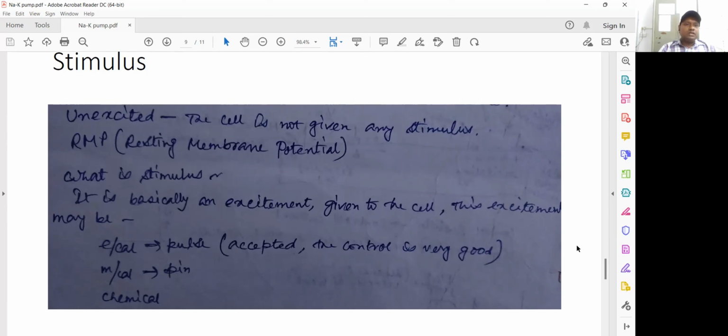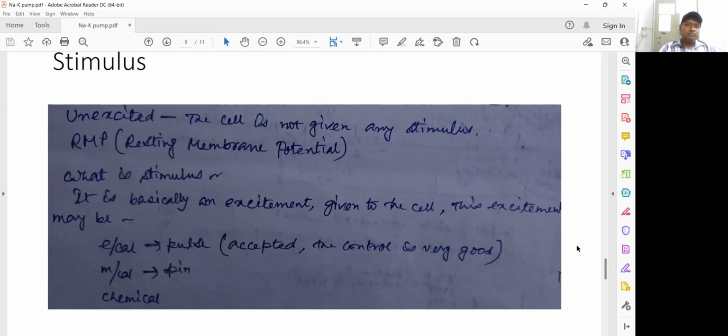In the unexcited condition, the cell is not given any stimulus and it maintains the resting membrane potential, and the inside to outside voltage is 90 millivolt.